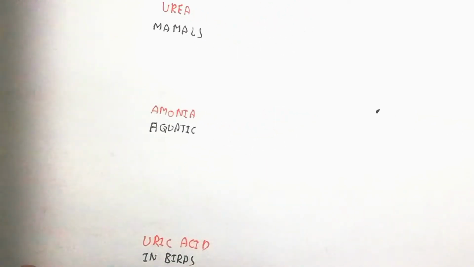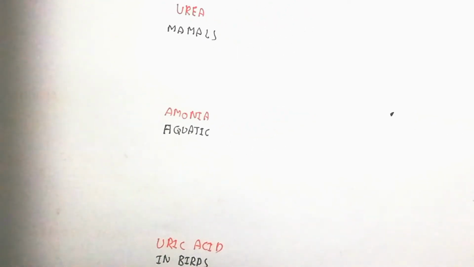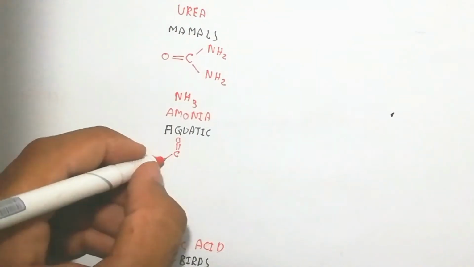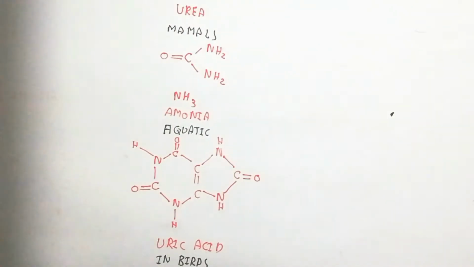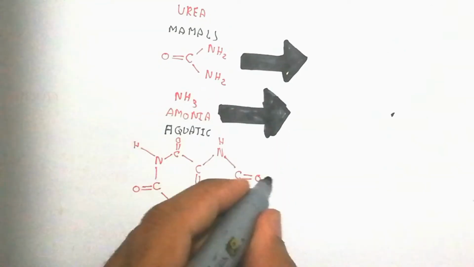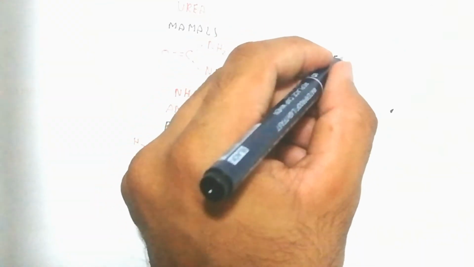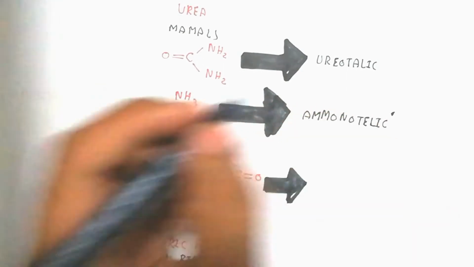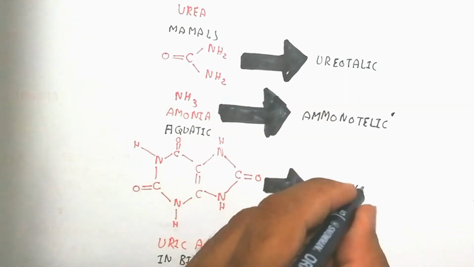Mammals which release urea are known as ureotelic, animals releasing ammonia are known as ammonotelic, and those releasing uric acid are known as uricotelic. That is the terminology according to the waste material excreted. That is an important thing which I want to mention.